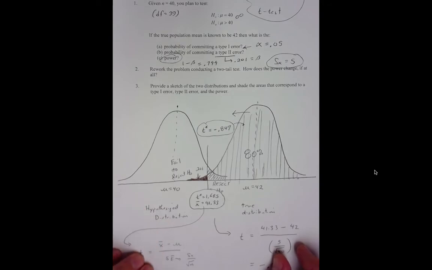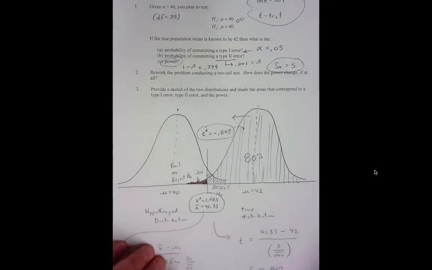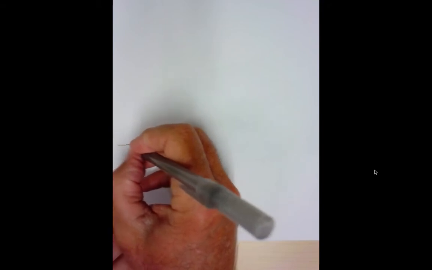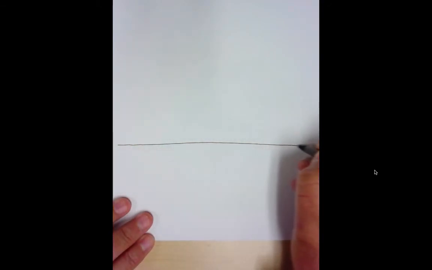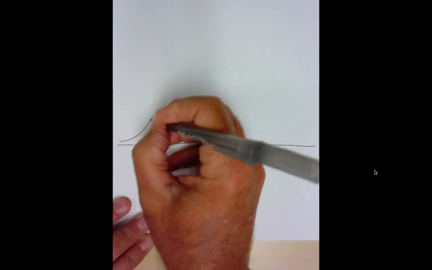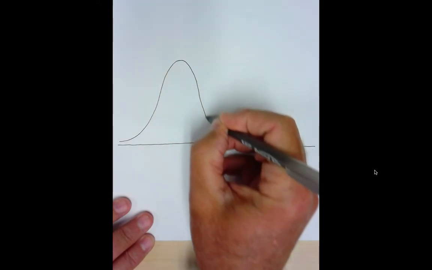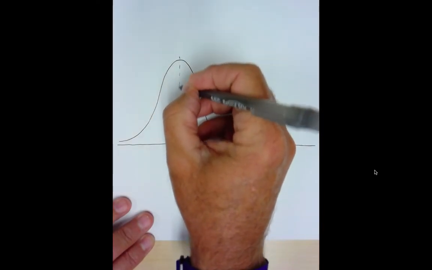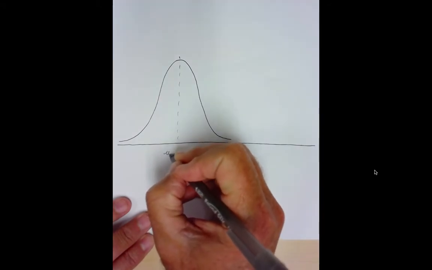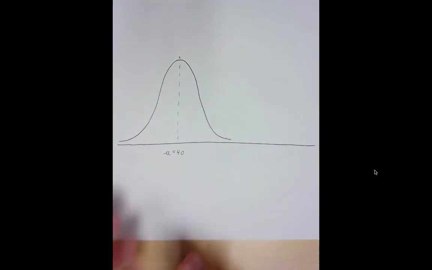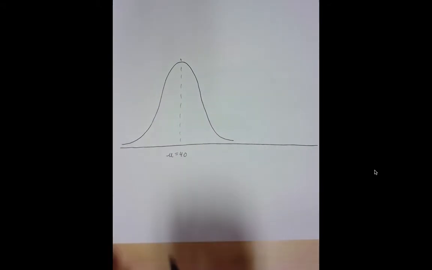All right, part 2, rework the problem conducting a two-tail test. So I'm going to turn things this way. I don't guess it really matters. So in this test right here, in this distribution right here, the mean is equal to 40.